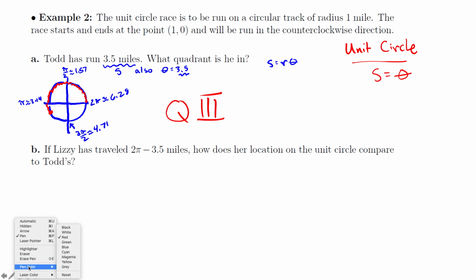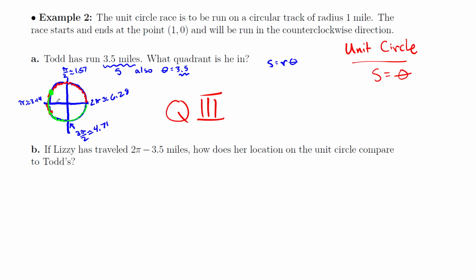If she's 2 pi minus 3.5, use a different color for Lizzie, that means she goes, you can think of it as 2 pi and then minus 3.5. So what we want is for Lizzie's path to be the same length. Well, I guess I should say it this way, that this green going backwards 3.5 should be the same length as Todd's red path, right? But going in the opposite direction. And so that puts her right about there.